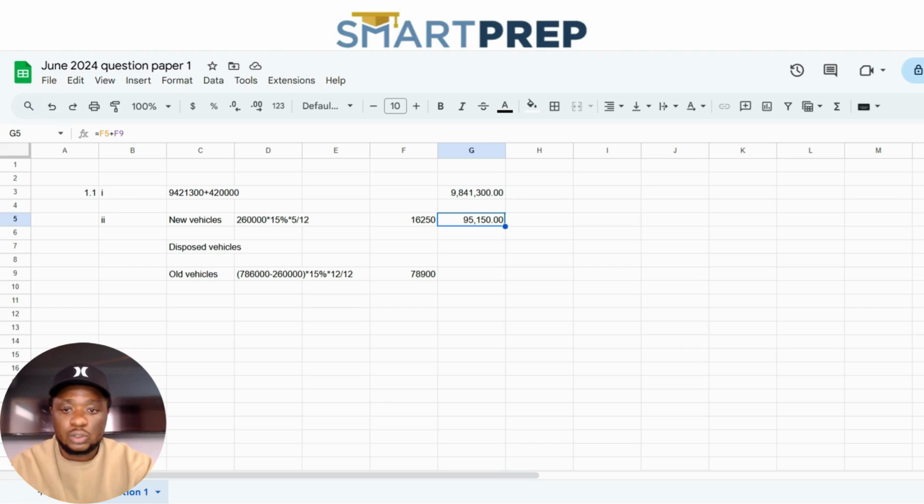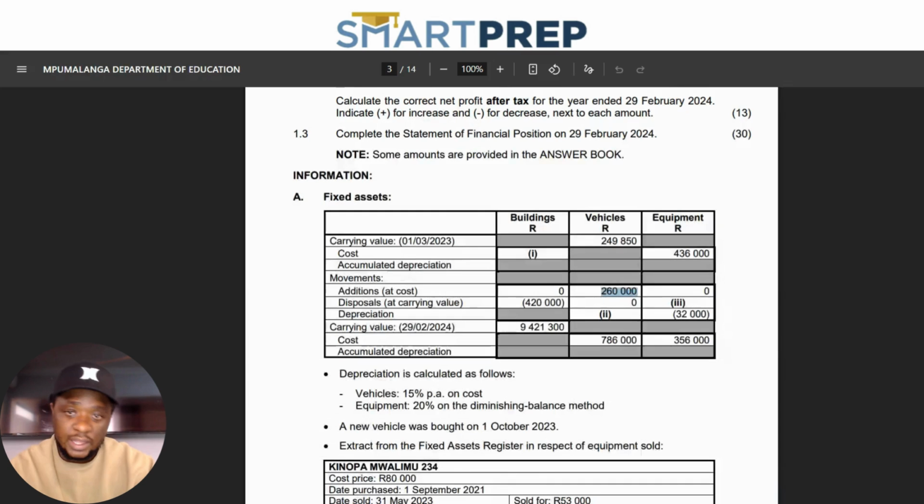Let's move on then to calculate the third thing that is on this list, and that is the disposals at carrying value for equipment. So that means we basically need to calculate the carrying value of the equipment item that was disposed.